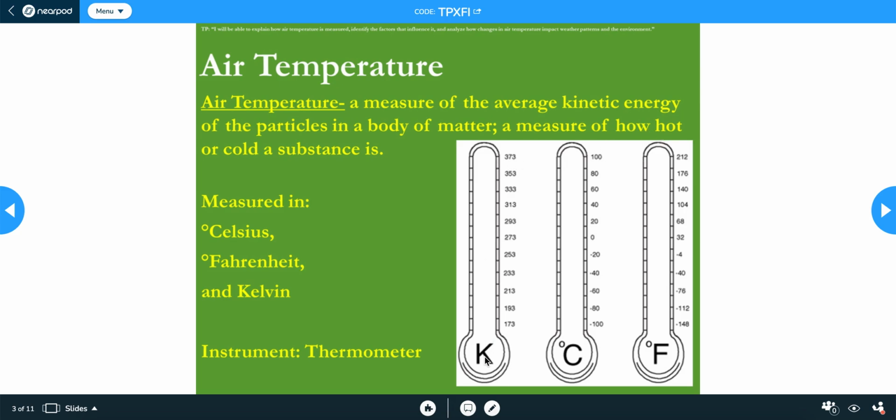Now, the importance of Kelvin is absolute zero. So we can see these very cold temperatures of negative 100 degrees Celsius, negative 148 degrees Fahrenheit. These are really cold temperatures. And this is a positive 173 Kelvin.